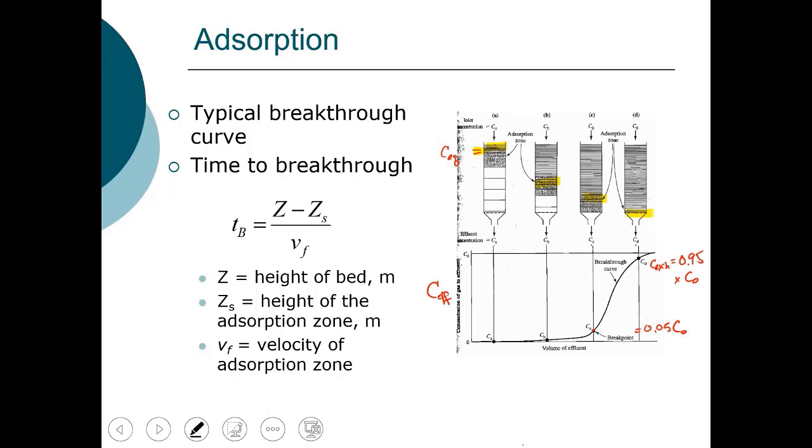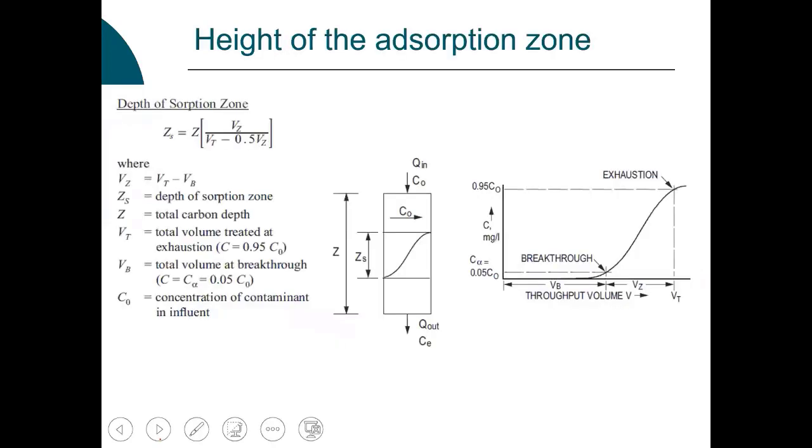The time to breakthrough is defined as the height of the bed minus the height of that adsorption zone, divided by the velocity at which that adsorption zone is moving down the column. Now, the other terms that we also talk about is a depth of the adsorption zone, and this figure is actually taken from the FE reference handbook.